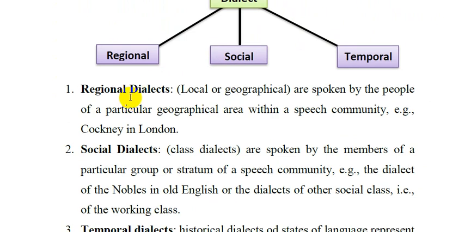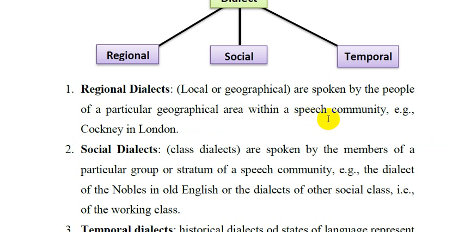So we have regional dialects, or sometimes we can call them local or geographical dialects, which means that they are spoken by the people of a particular geographical area within a speech community.